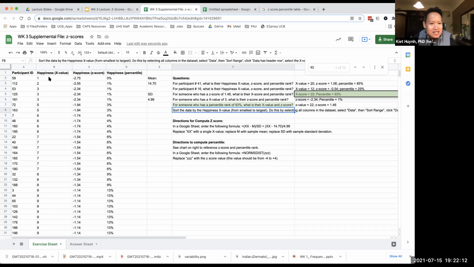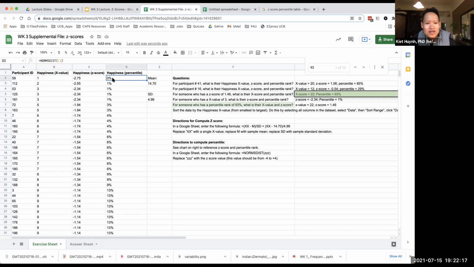Okay, so you see here, if you have an X score of 1, you're in the 0th percentile. That means there's no one who is less happy than you. You're the most unhappy person in the sample. If you have an X score of 2, you're in the first percentile. That means you're happier than 1% of the people in the sample, so you're happier basically than one person here.